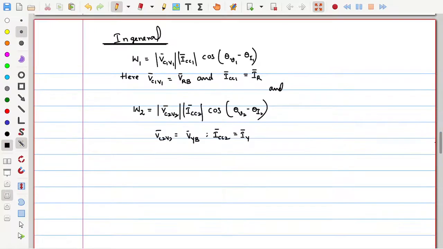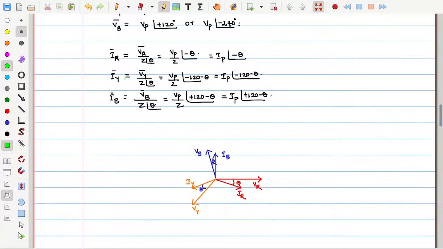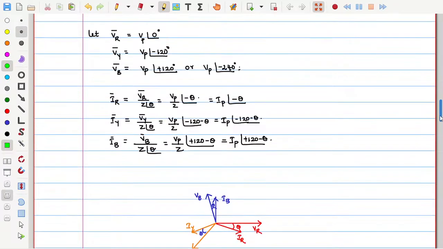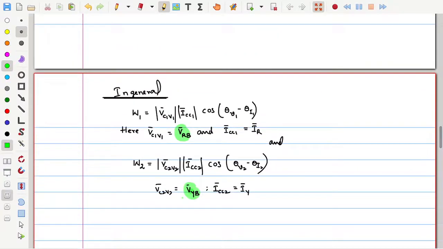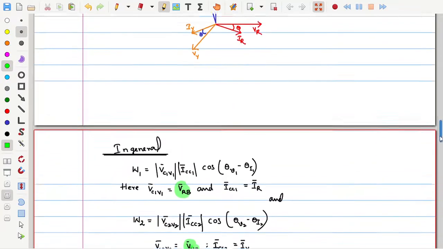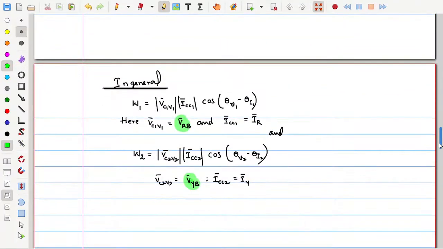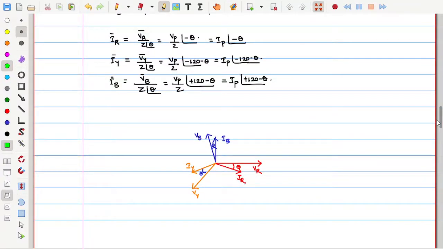Now just after having this, try to observe that I additionally need the VRB voltage and VYB voltage. If I know these voltages, I can write what W1 and W2 are. Why? Because IR is already known, IY is already known. But I don't know what VRB and VYB are. Now how can I write VRB? So that you need to cross verify.